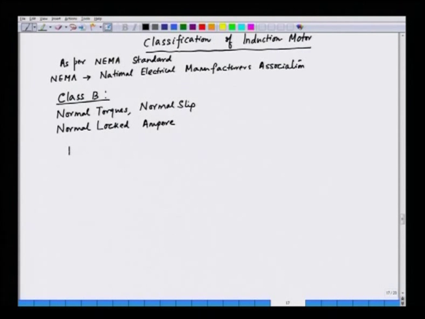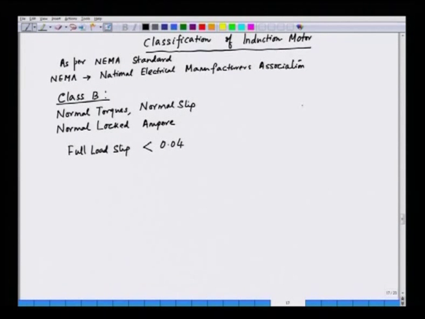And the full load slip is less than 0.04. So, this is basically the specification of class B motors: normal torque, normal locked ampere or the starting current, it takes normal starting current, and the full load slip is usually less than 4%.